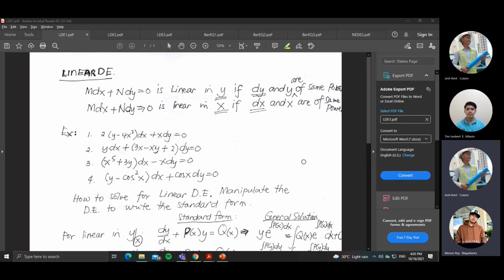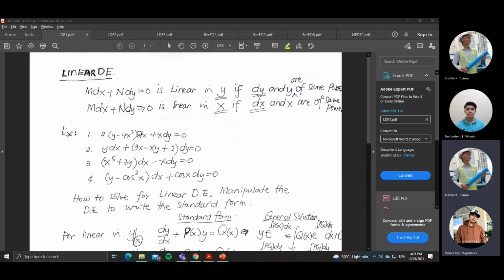So, kani akong mga PDF si gamit is from Sir Joko Salim. Ang explanation is M dx is linear in y, dy and y are of the same power. So, we have here examples of DE.